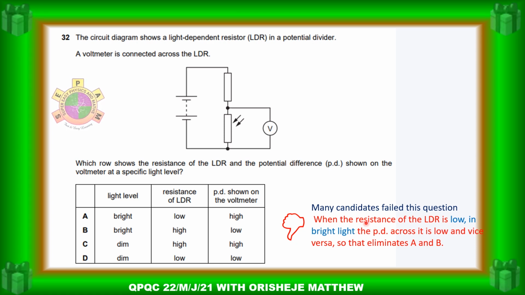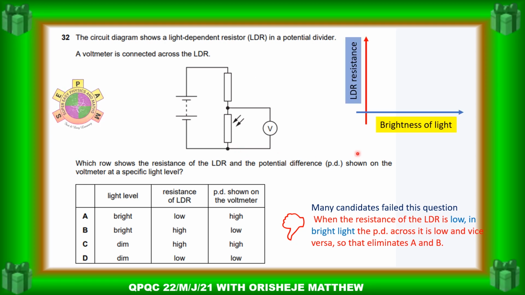And if resistance increases in dark light, then the PD also increases. So most students don't understand the operation of a light dependent resistor.